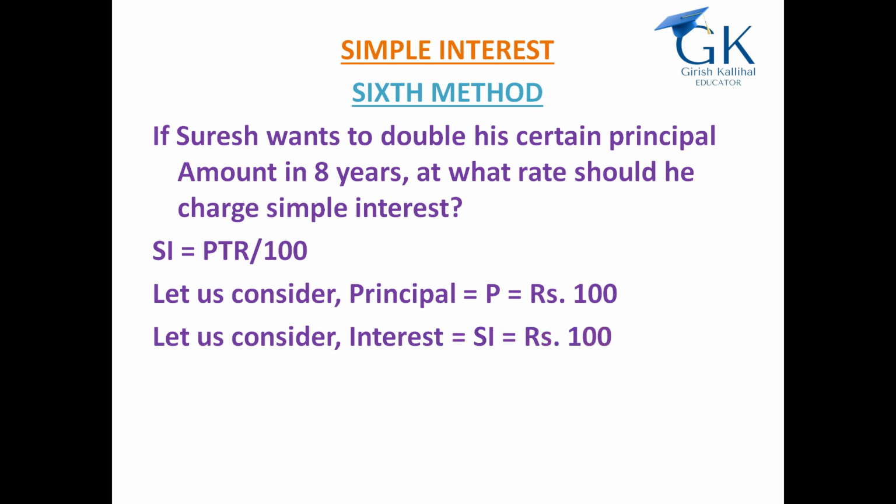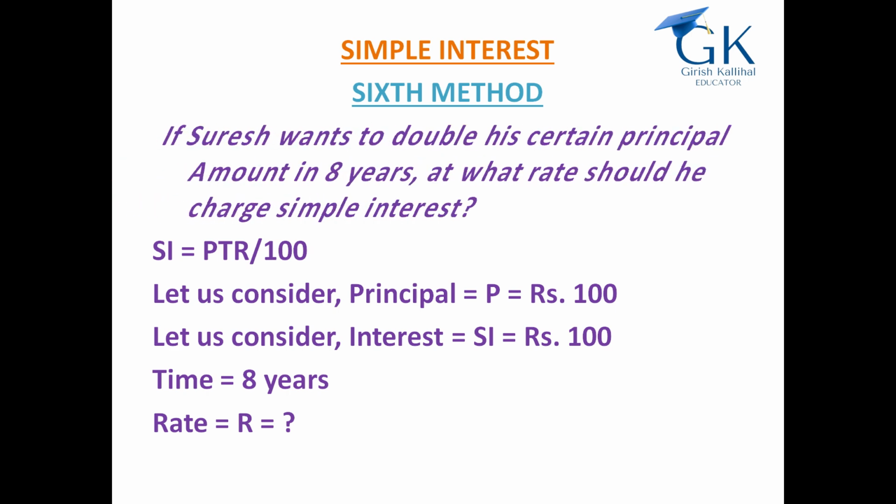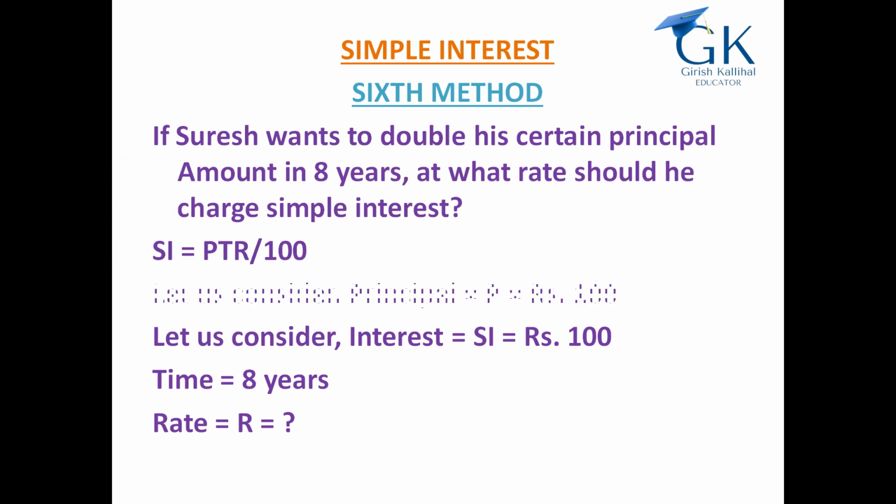And let us consider the simple interest as 100 rupees because he wants to double his amount. Double means he has to earn the same interest as that of the principal amount. So principal amount I have considered 100 rupees, so interest will be another 100 rupees, so that his amount will be doubled. That too in 8 years, that is the time frame they have given. And they are asking for the rate of interest. So what is the simple rate of interest that we need to find?